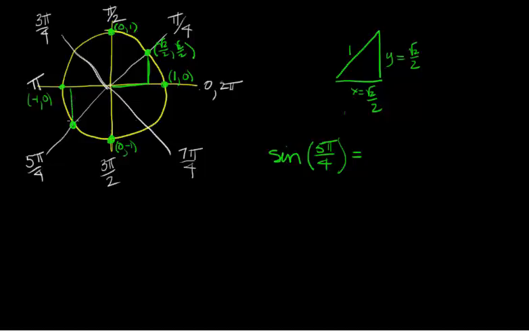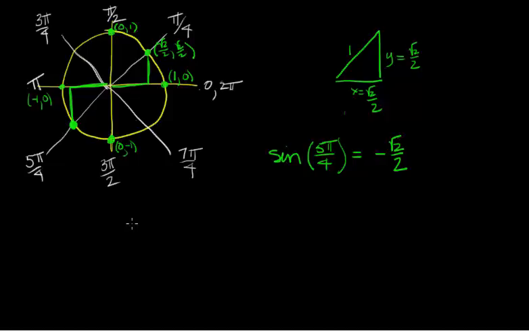If I drop a perpendicular to the x-axis, all these odd multiples of pi over 4 are going to give me 45-45. So the sine and the cosine are going to be either plus or minus the square root of 2 over 2. The y-coordinate in quadrant 3 is negative, so the sine is minus the square root of 2 over 2. That would be the y-coordinate of this point right here.